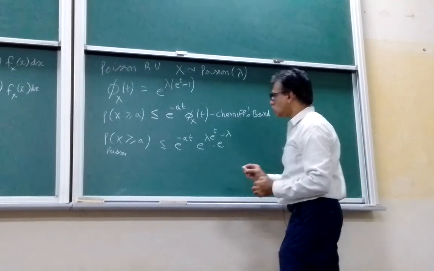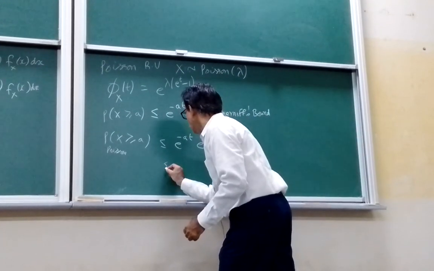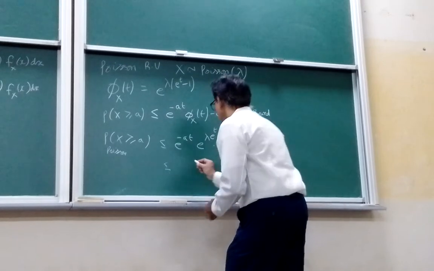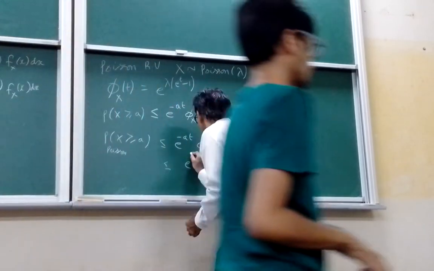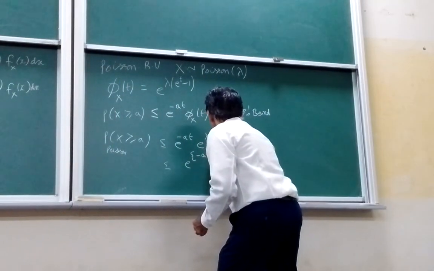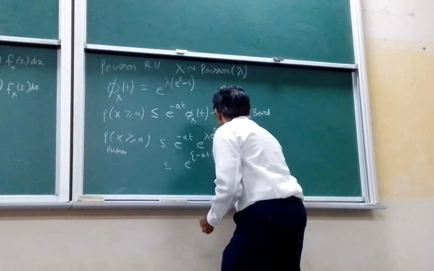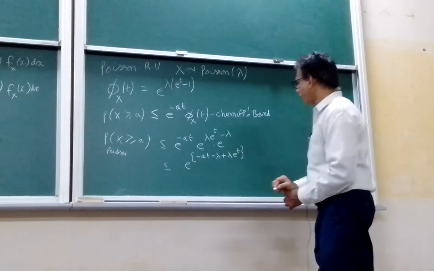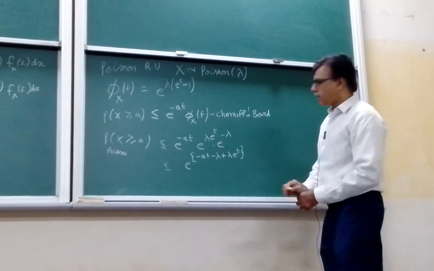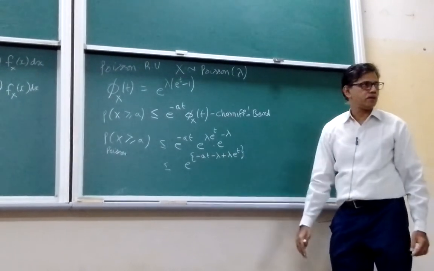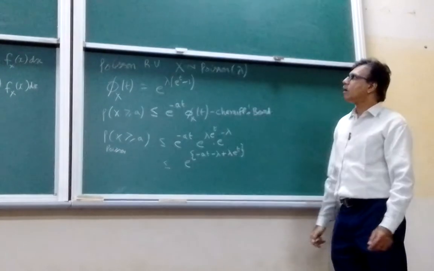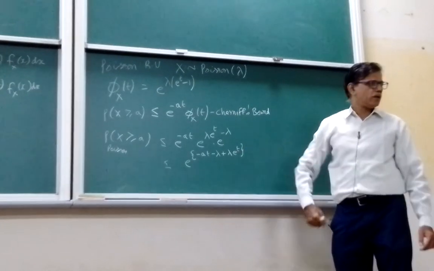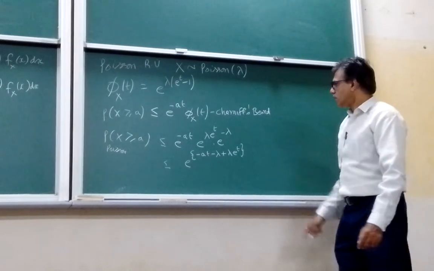So this is e power of minus a t minus lambda plus lambda e power of t. This is what we are interested in minimizing. Please don't wait, this is what we have to do.